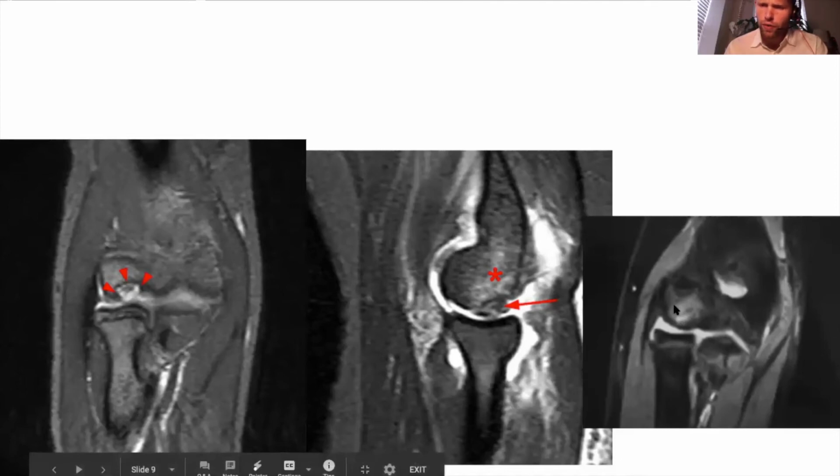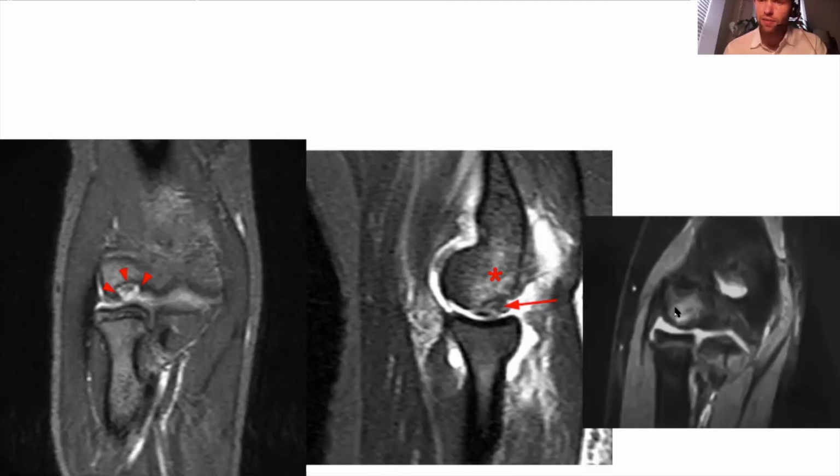But if we focus over here on the radial, lateral side of the elbow and of the humerus, what we can see is that while there is inflammation in the area of the capitellum suggestive of an early OCD lesion, we don't yet see detachment of the cartilage from the subchondral bone. And this is extremely important because this patient is more likely to be able to be treated conservatively without surgery.